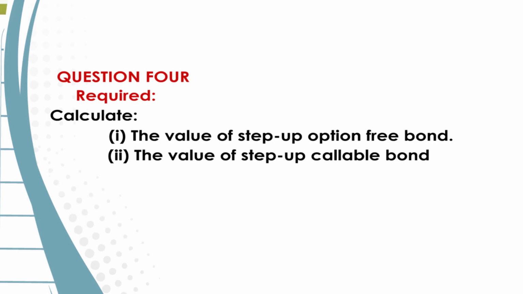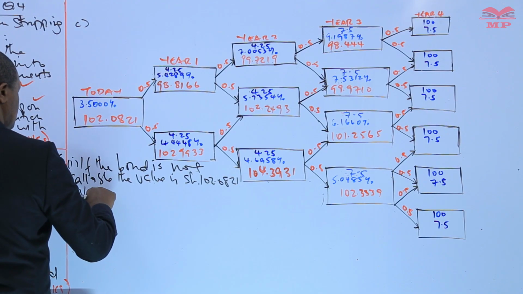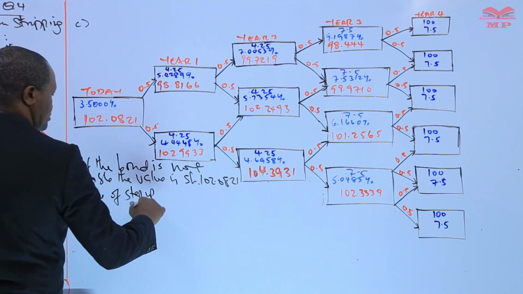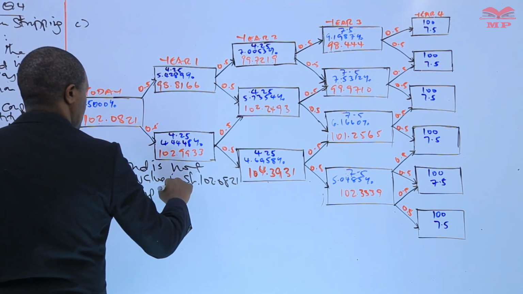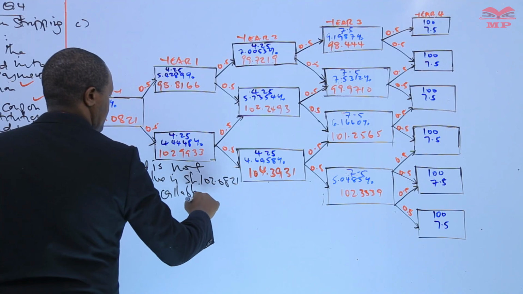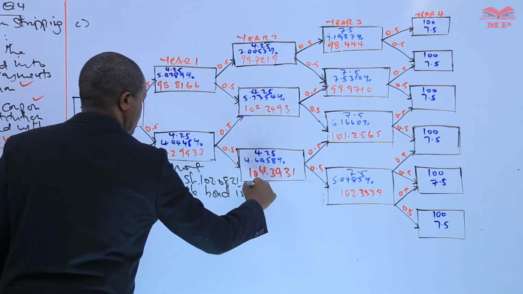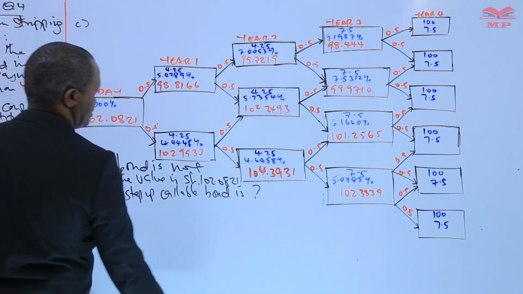Roman 2. We are to calculate the value of a step-up callable bond. The value of a step-up callable bond is what we need to calculate.